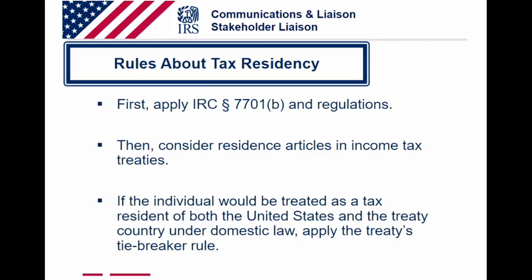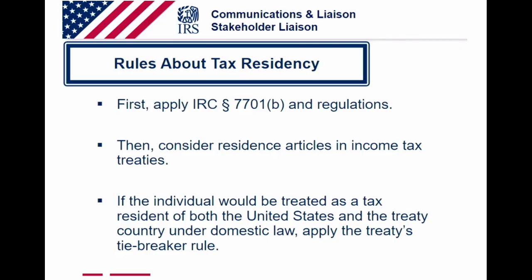In our case, when we say domestic law, we mean the Internal Revenue Code from a U.S. perspective. Now, whether you're a resident of a country for treaty purposes is going to be key to knowing if you're eligible to claim treaty benefits.